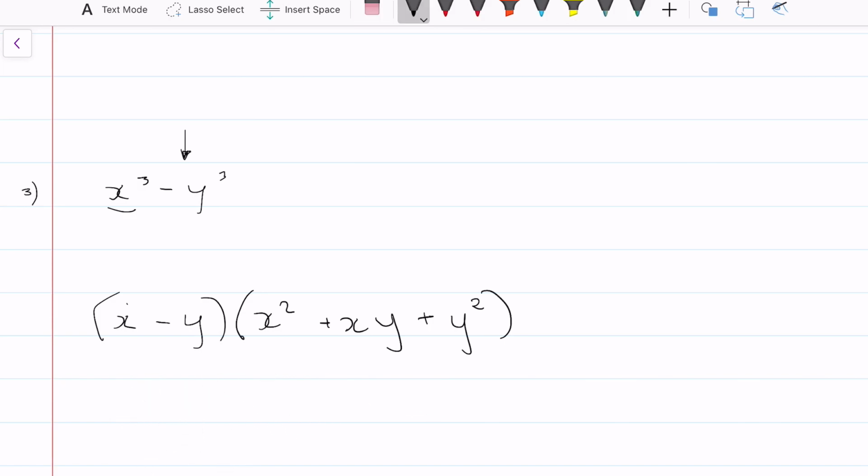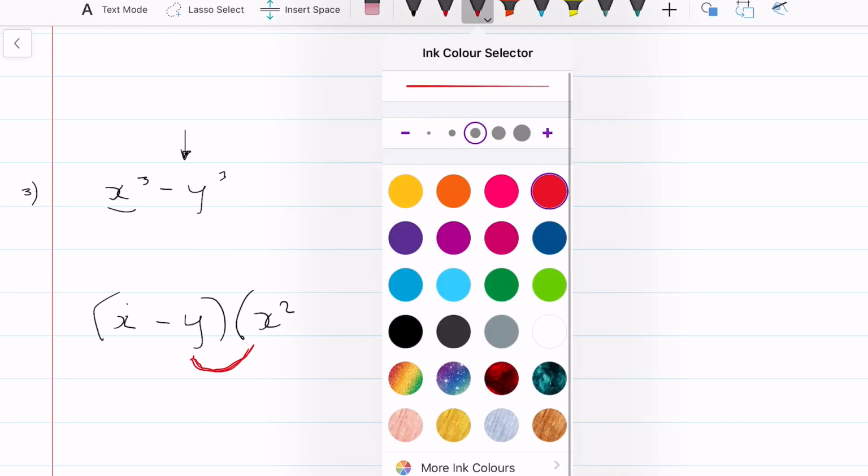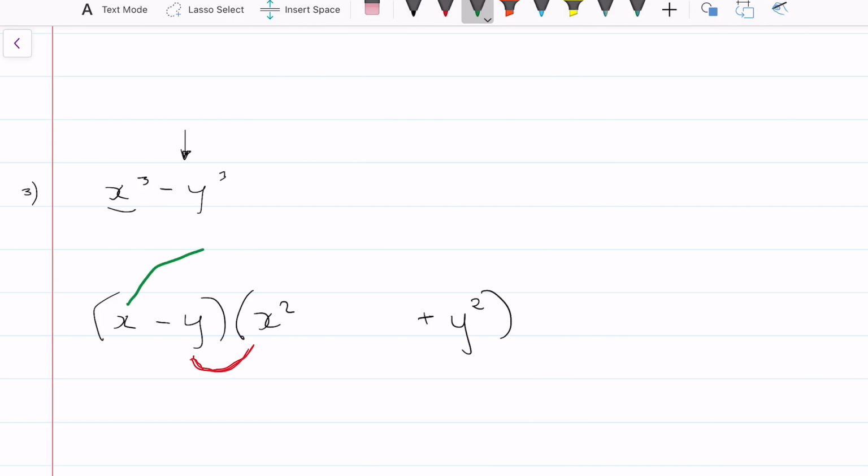When working with the first question, I multiplied these two terms to get the middle term. What happens if I multiply the outer two terms? We should, in theory, get the same answer. So now let me switch colors so that you can see. Now I'm going to multiply the outer two terms.